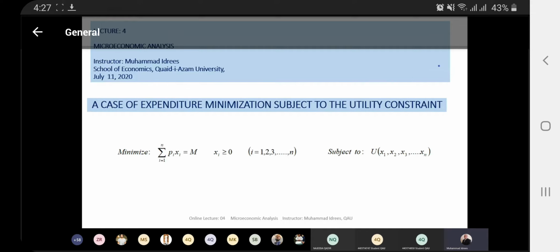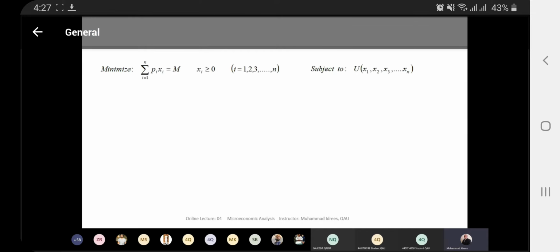So you all have the idea that if we have a case of constraint optimization, we have to construct the Lagrangian function. So the Lagrangian function is constructed here. You can see that in this Lagrangian function, the objective function is the budget. So we have taken the sum of pi xi as the objective function.